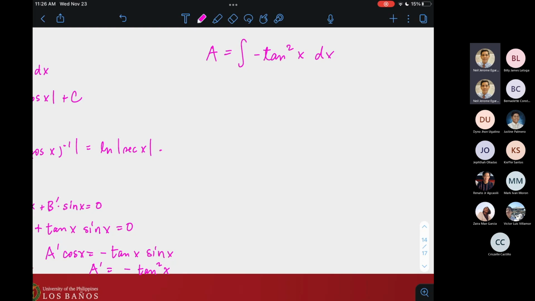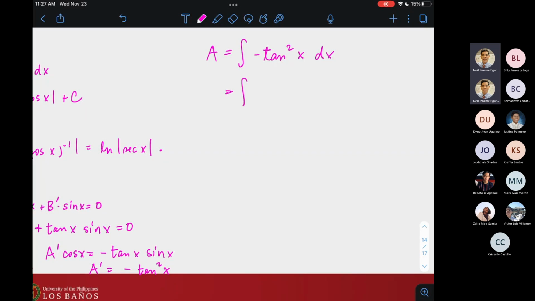For this, I need to note that tangent has an even power. If you remember from Math 37, techniques of integration, when the power of tangent is even, you can use a trigonometric identity, the Pythagorean one relating tangent to secant squared, because the integral of secant squared is just tangent. All right?